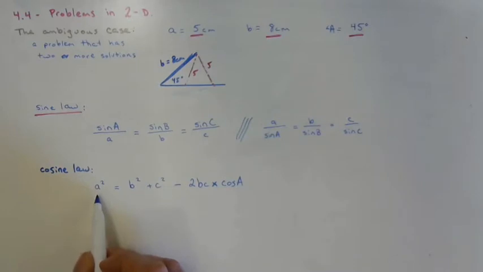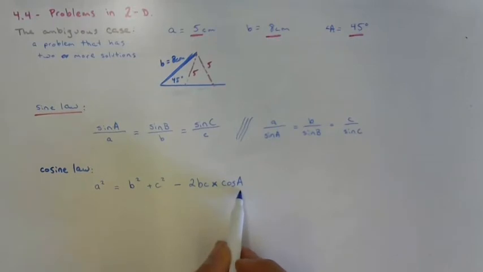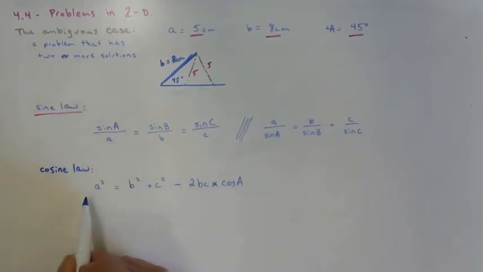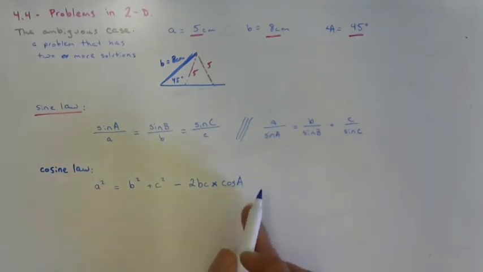If you have an unknown side length, but you know the other two side lengths and you know the angle opposite the side length that you're looking for, that's key, then you can just plug your values in here and figure it out.